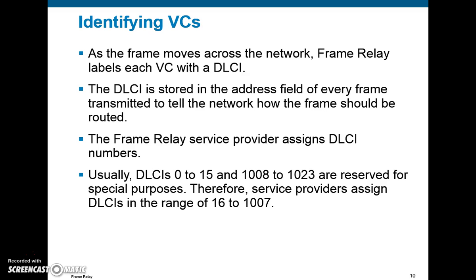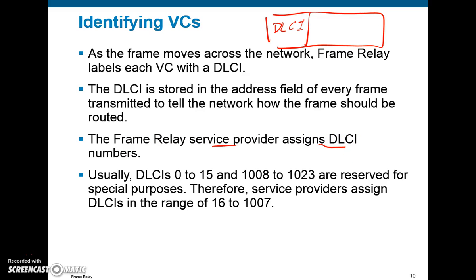So as a frame moves across the network, the DLCI number changes. The frame relay switch will label each virtual circuit with a DLCI number, and this is stored in the address field. So in the frame relay packet, there will be a header here, and the header will store the DLCI number, which will be read by all the frame relay switches. The service provider will actually assign the DLCI number, so they'll pre-program it.